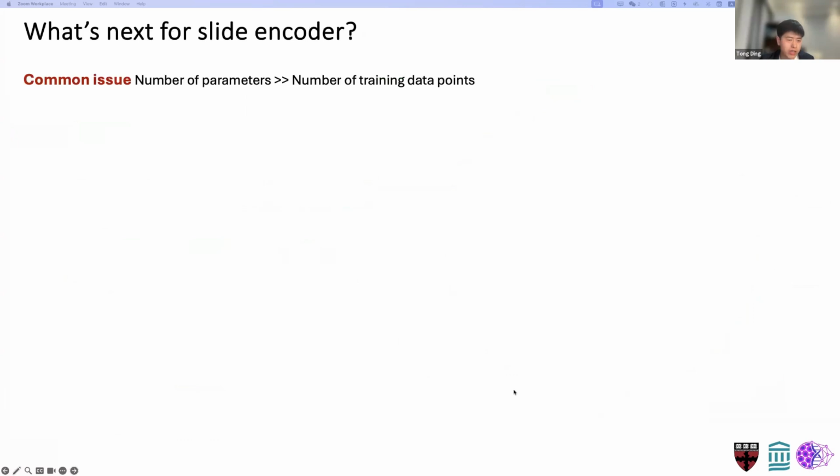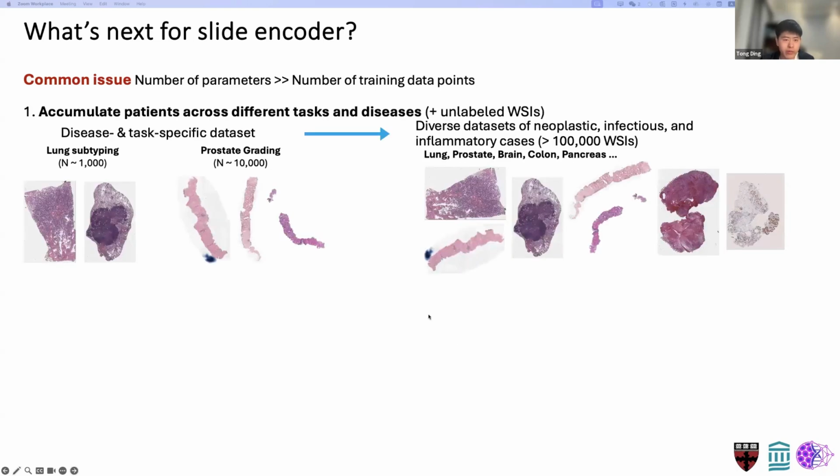So we wanted to ask what the next step for a slide encoder is. First of all, we want to accumulate patterns across different tasks and diseases with the use of unlabeled slides, where we shift from task-specific datasets to diverse datasets of neoplastic, infectious, and inflammatory cases.